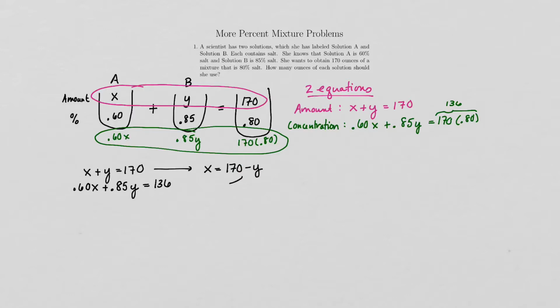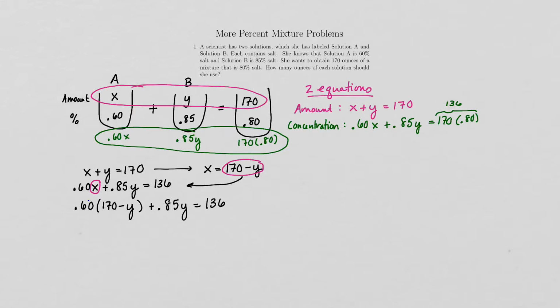Then I'm going to plug it in for x in this second equation. So this becomes 0.60, and instead of this x, I'm going to put 170 minus y. So 0.60 times 170 minus y plus 0.85y equals 136.